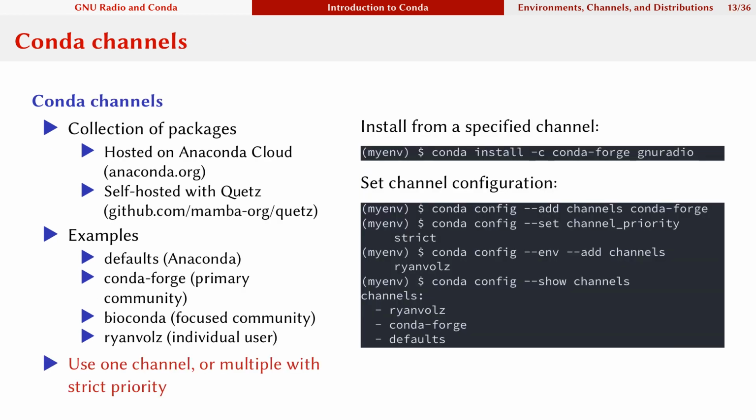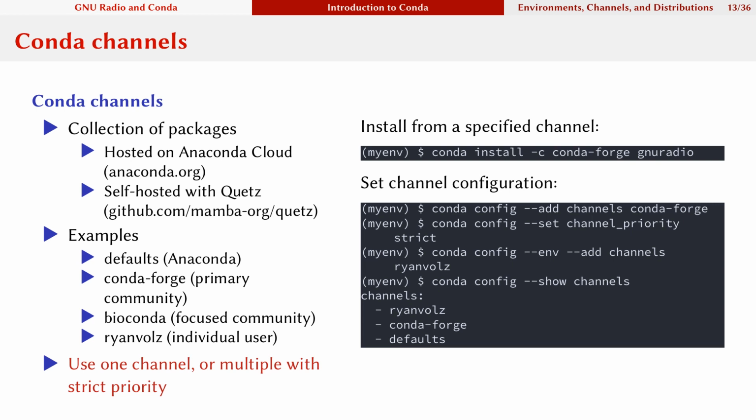A conda channel is a collection of packages that you can download from. And these are usually hosted on Anaconda Cloud, which is anaconda.org, or there's a new tool called Quetz, which will allow you to self-host a channel of packages. Some examples of channels are the defaults channel, which is put out by Anaconda Incorporated.